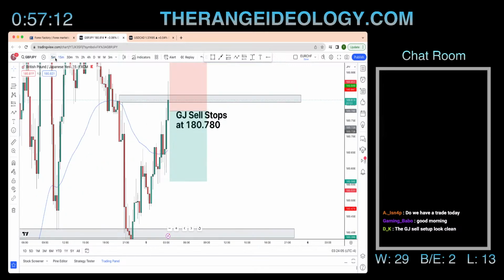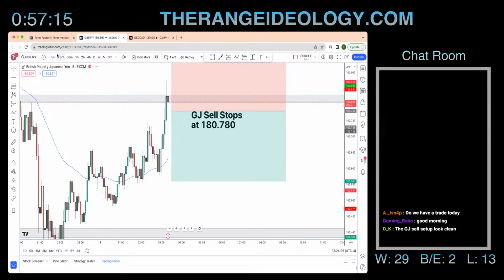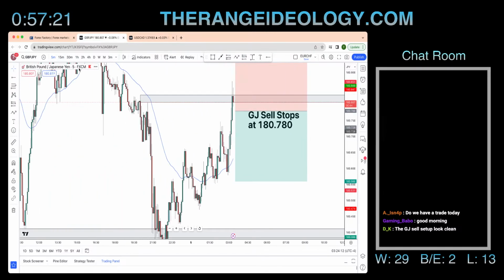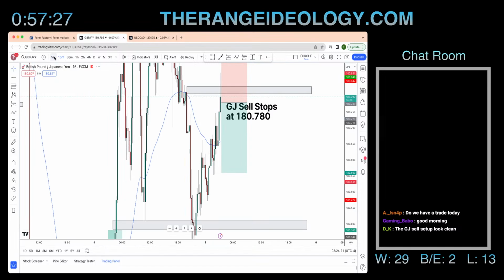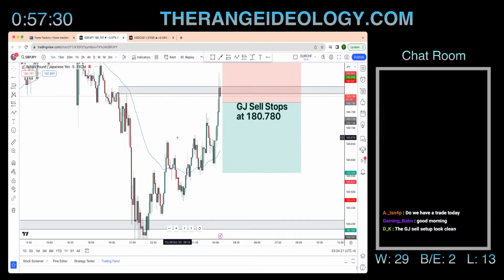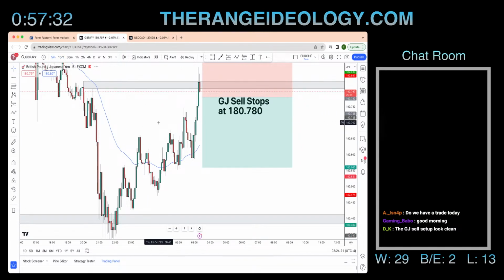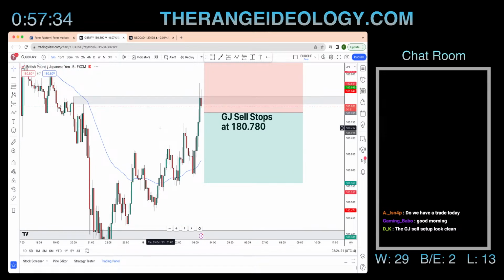We got 1 minute left on the 5-minute candle. About to be tapped in here. And here comes a new 5-minute candle. Any second now.